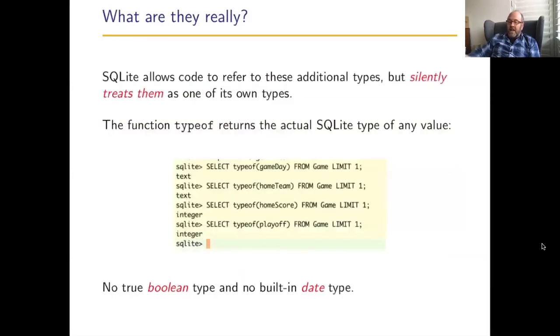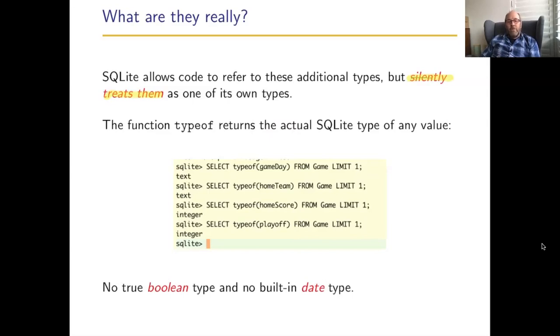So SQLite allows any code to refer to these types that are not in SQLite, like Boolean and date, but it silently treats them as one of its own types. So when you ask for a column to be of type Boolean, SQLite secretly changes that to integer and then just works as though that field were an integer field.